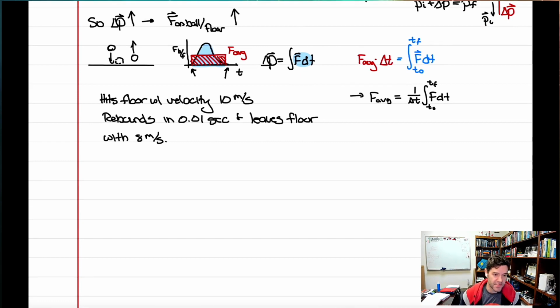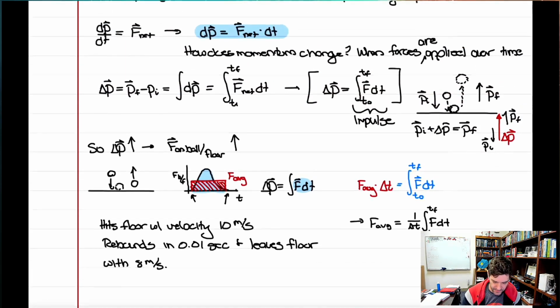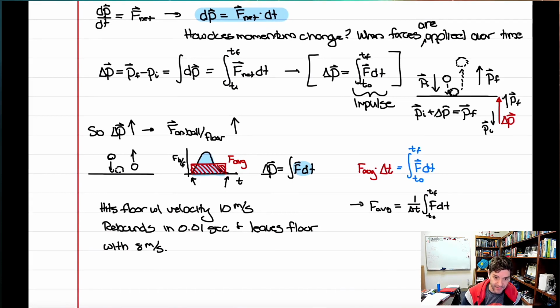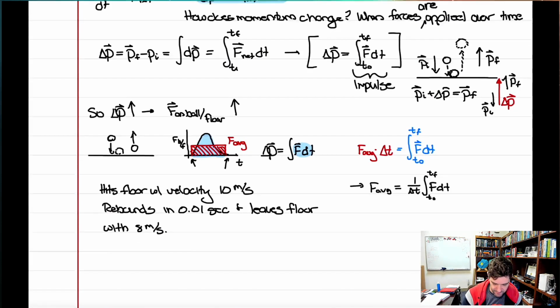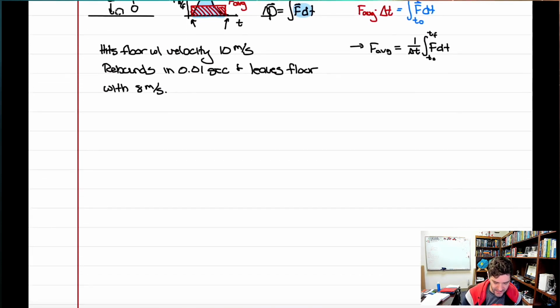You could then use what's sometimes called the momentum impulse theorem, given this, we can actually estimate what is the average force on the ball from the floor in this case.